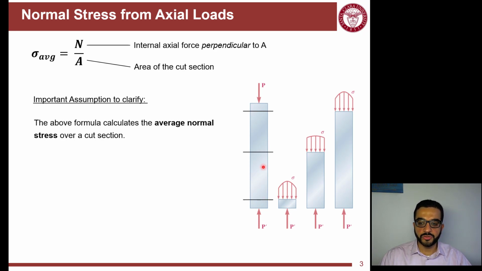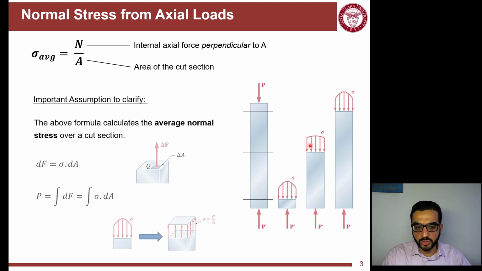The deeper you go into the length of the member, the more uniform the stresses will be, but they're not that uniform. A more accurate description is that for every little area spot of your cross section, there is a little axial force equal to the stress on that area times the little area dA or delta A. So a more accurate representation is that this axial force P is the integration or summation of these little forces, dF, along the cross section that we are analyzing.